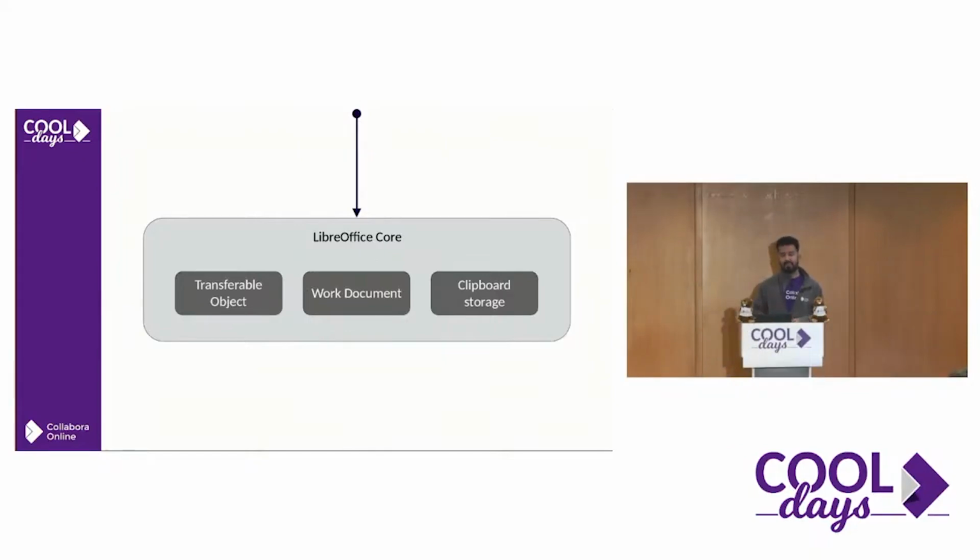This transferable object is nothing but a temporary new document that we create in memory, just containing the slide which you selected and copied, and we keep it in memory to use later on. This document in memory is treated as clipboard content which we'll be using later on.